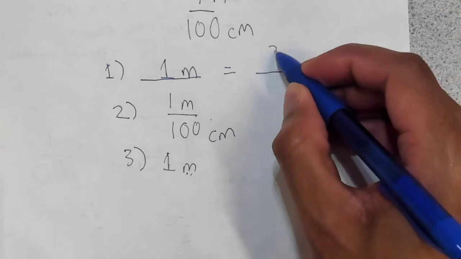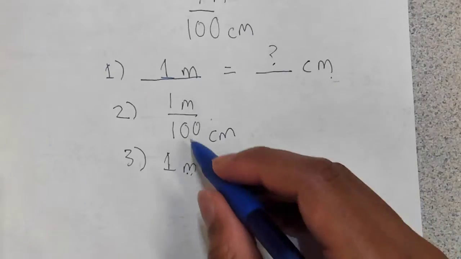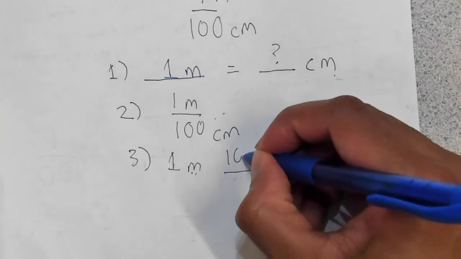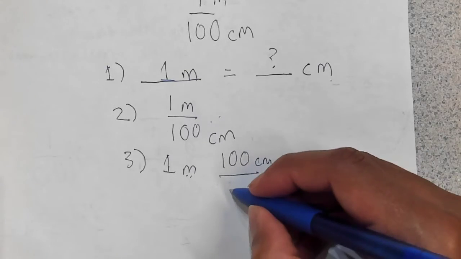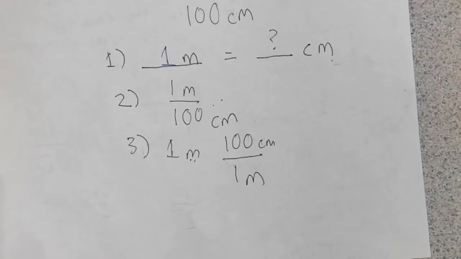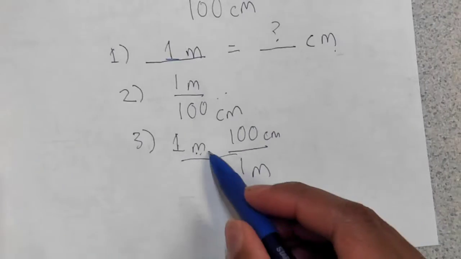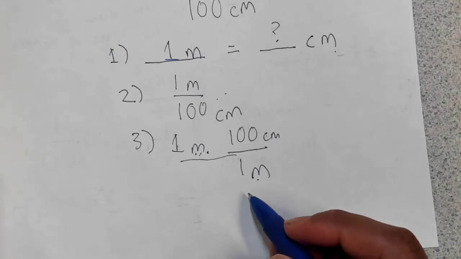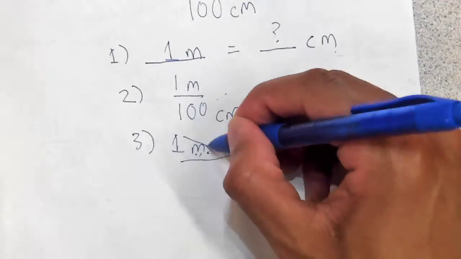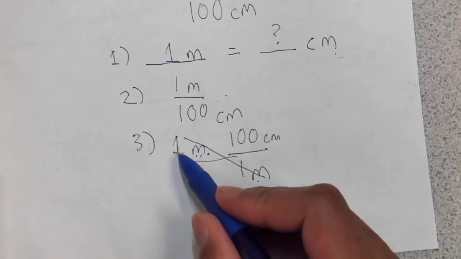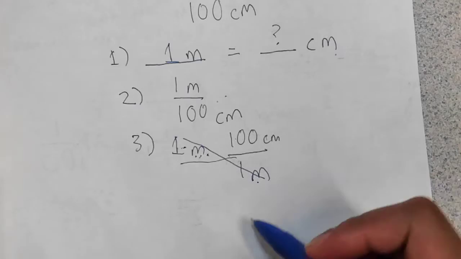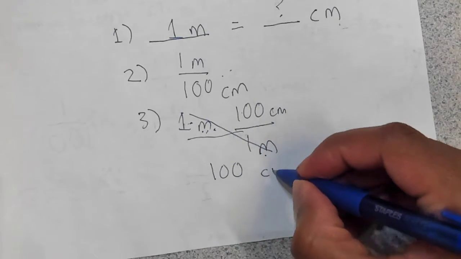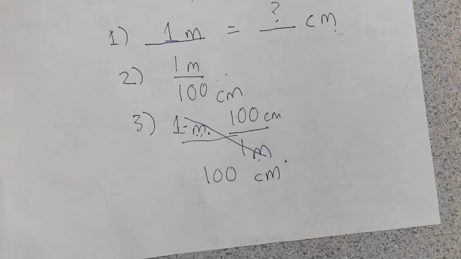That's what we're looking for. So I'm going to turn this fraction over and write 100 centimeters over 1 meter. Now, as you can see, these are going to cross out. You just have meters divided by meters. Anything divided by itself is just 1. These are gone. So it's 1 times 100 centimeters, which is just 100 centimeters. And there's our answer.